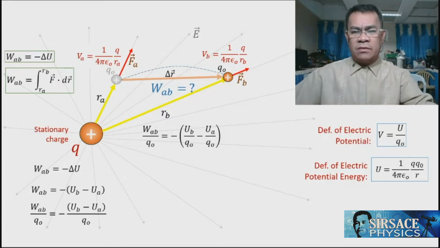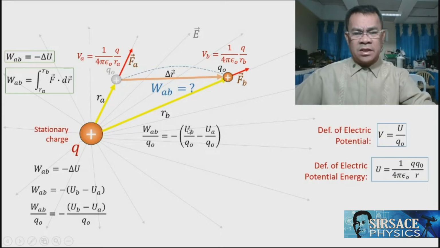So we divide for this purpose. Look at this: what is U_B over q naught or U_A over q naught? Remember, this is the definition of electric potential. So the electric potential is U over the moving charge.